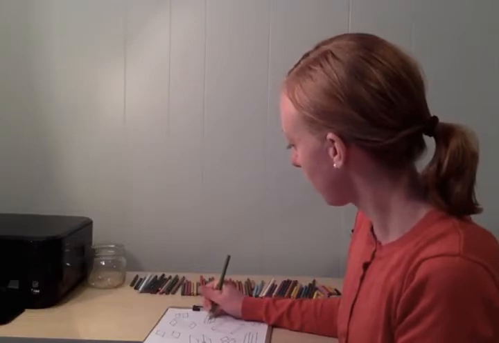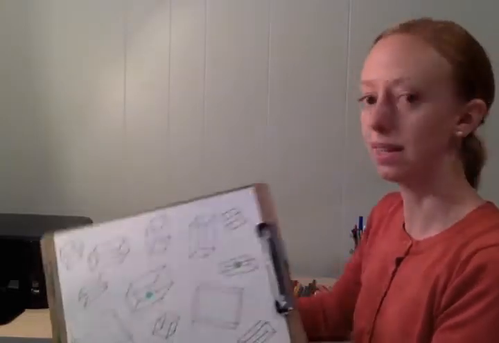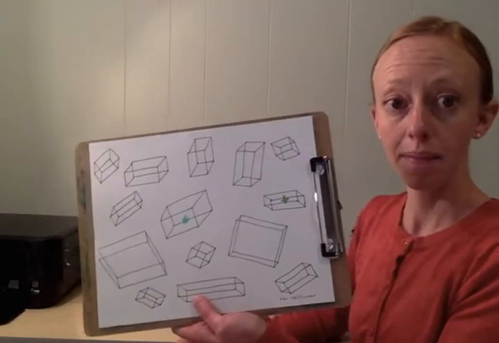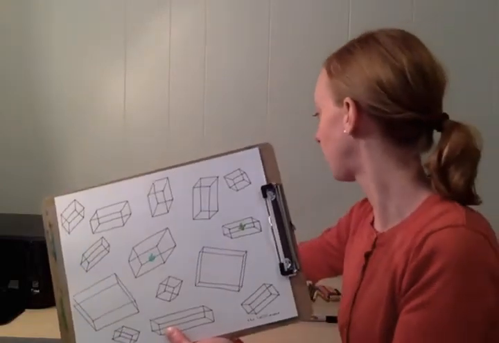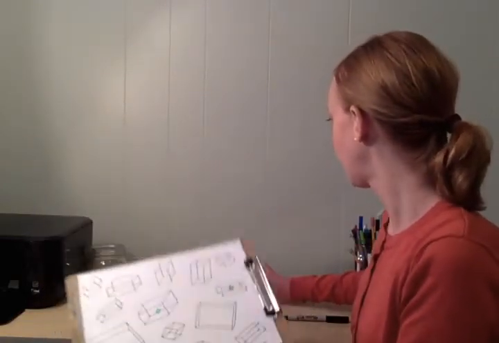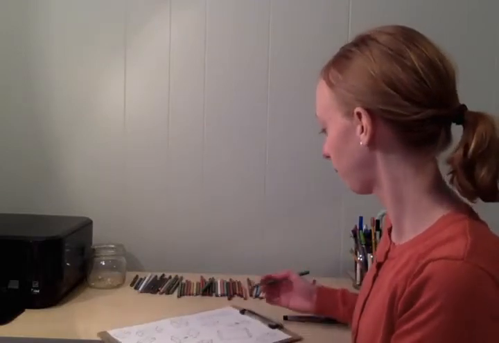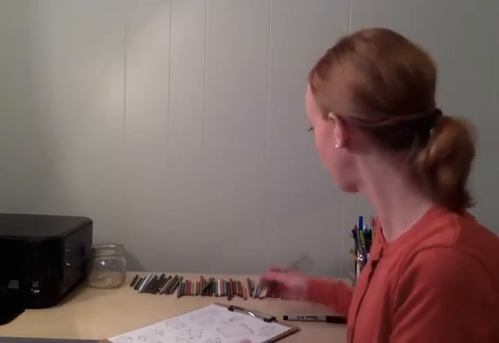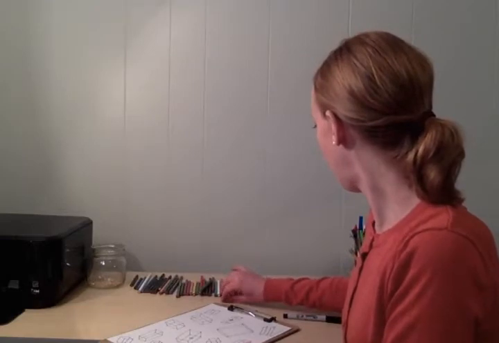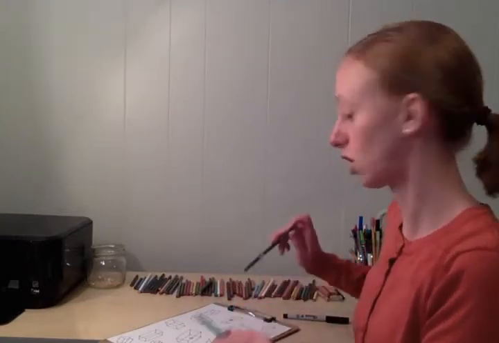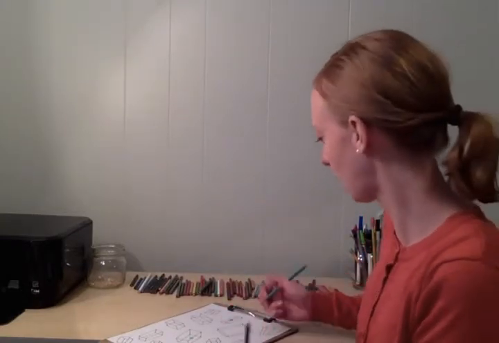So I want to make my objects inside dark, because I want them to look solid, like they're real plants or solid shapes.